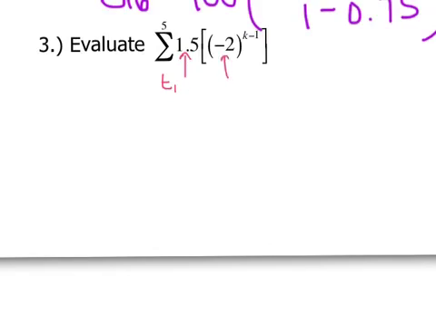The number listed with the k minus 1 or n minus 1, whatever it is, is your common ratio. So even though this series is written in summation notation, you have the information you need as long as you understand what to look for.